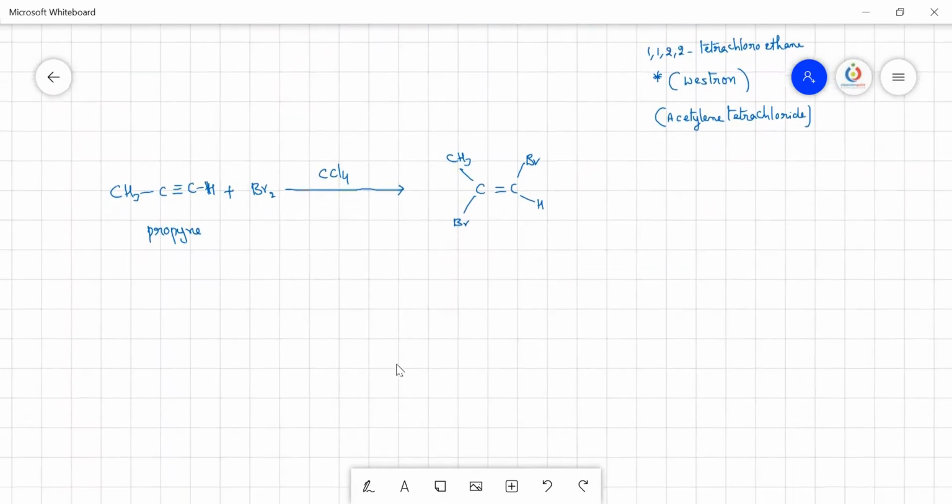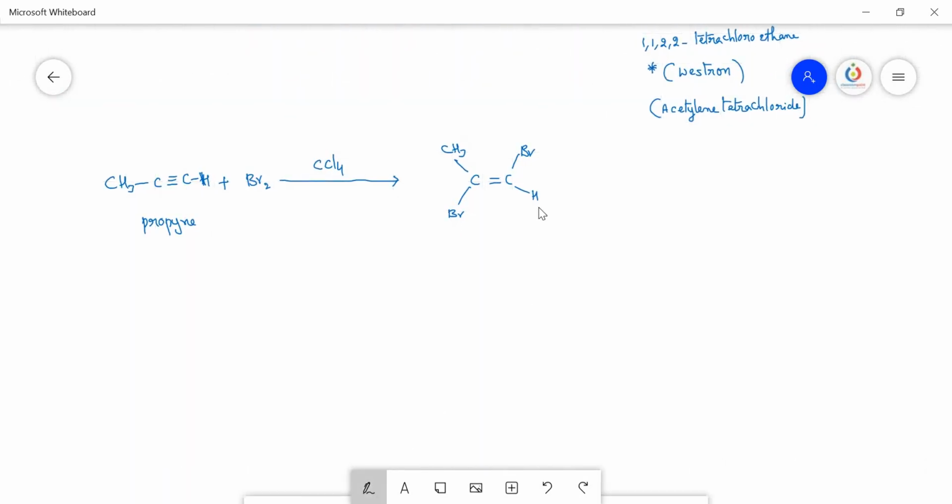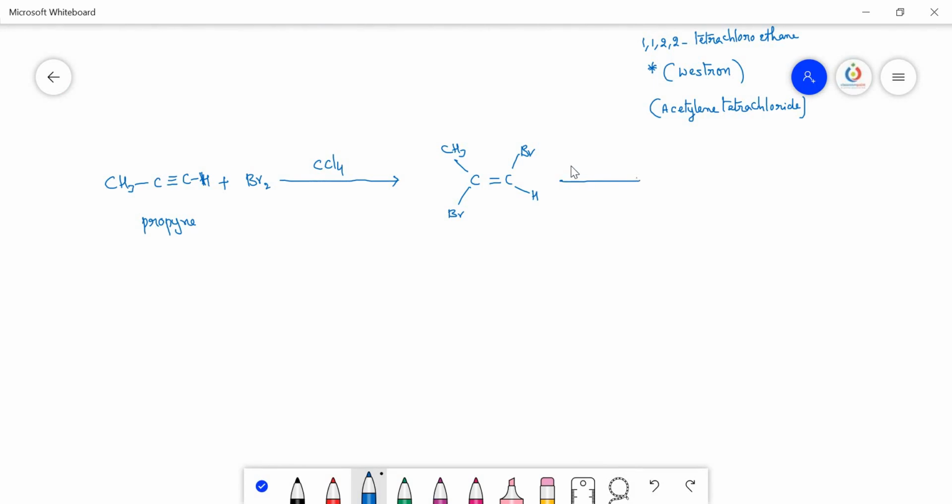Initially we get the trans product, and when it is again subjected to one more mole of bromine in the presence of CCl4, you cannot say that the next molecule is a trans product, because cis-trans combination we can say only in the case of alkenes, not alkanes. So you have to add one more bromine here and there.